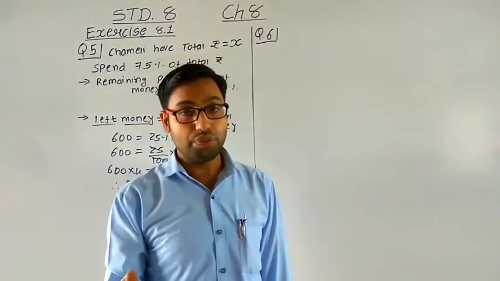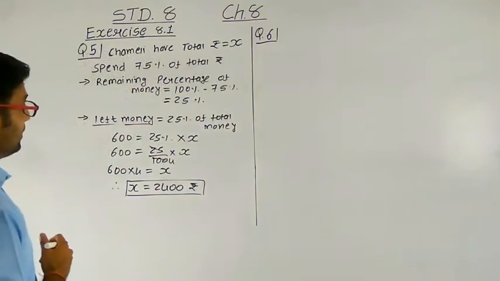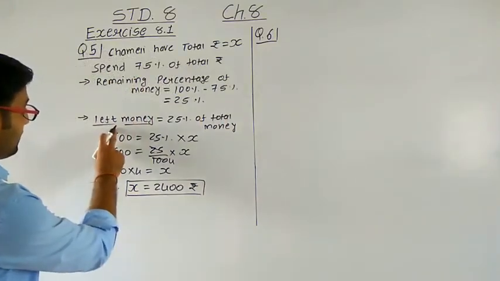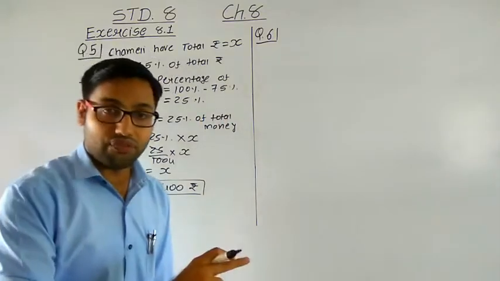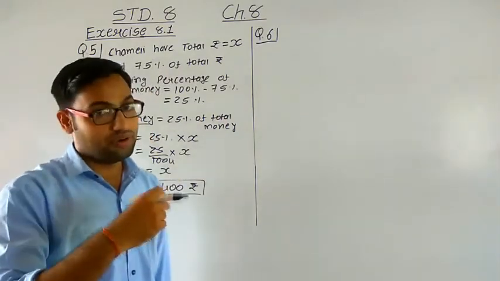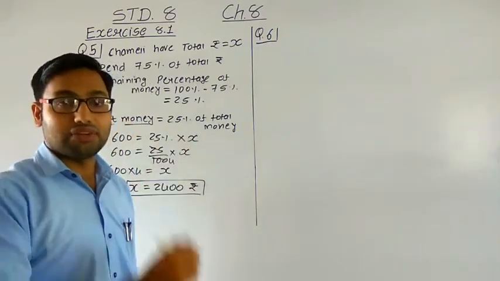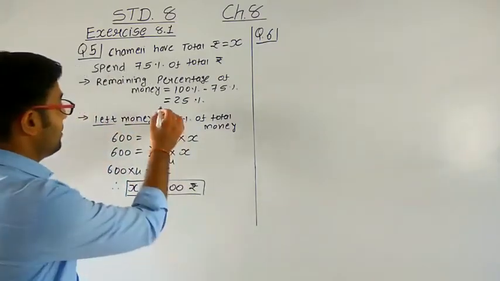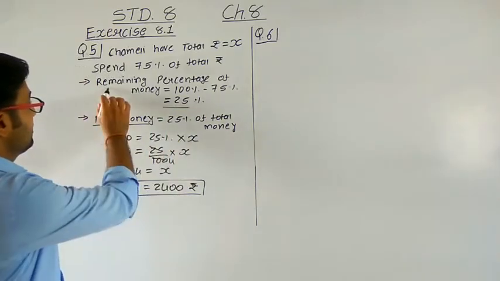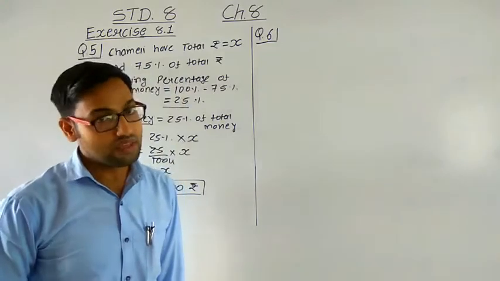So for that, here it is given the money she has left. So the value of money she has left is given, so that percentage of the money left we have to take into account, and that is why we find the remaining percentage of the total money.